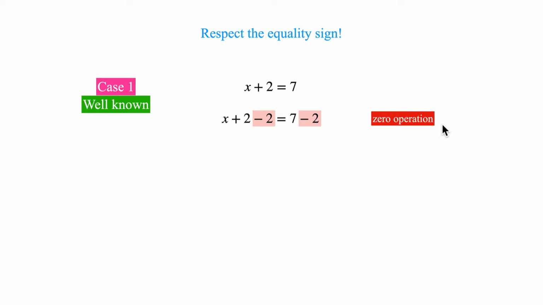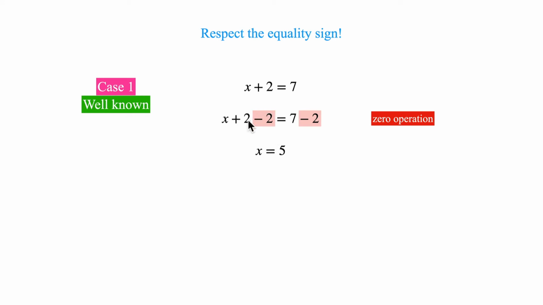But actually you have changed a lot, because by subtracting 2 from the left-hand side, you have separated x, and you just get your solution to this equation. You get that x plus 0 is equal to 7 minus 2, which is 5. So by performing this kind of ridiculous zero operation, you solved your equation.